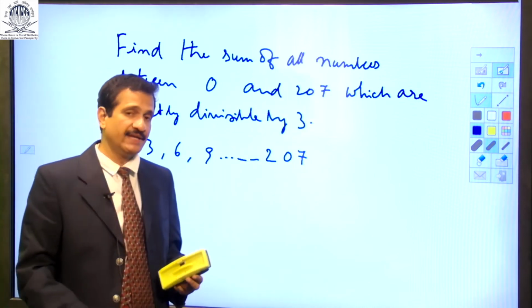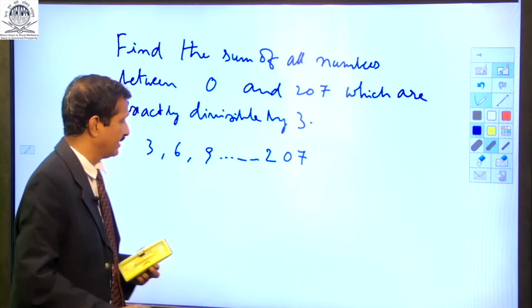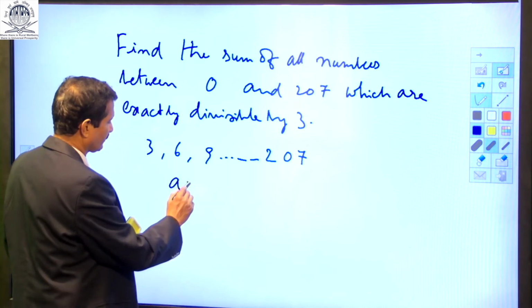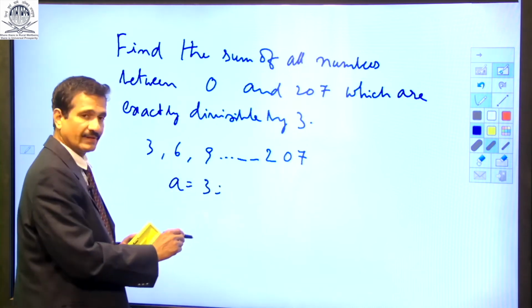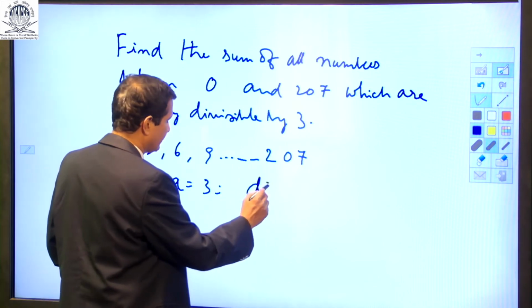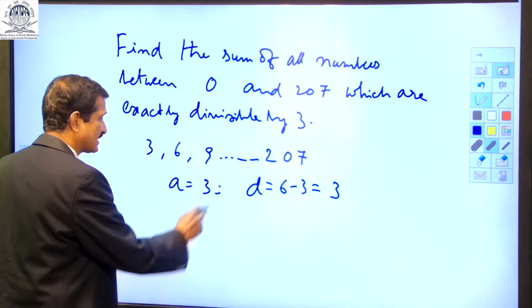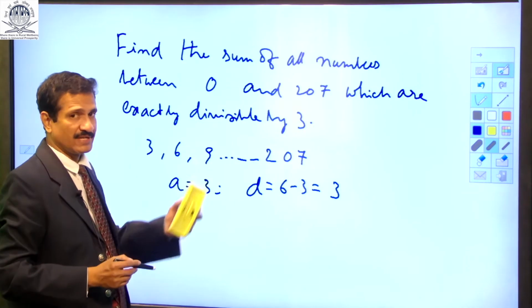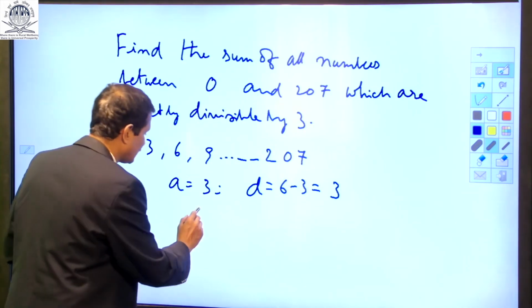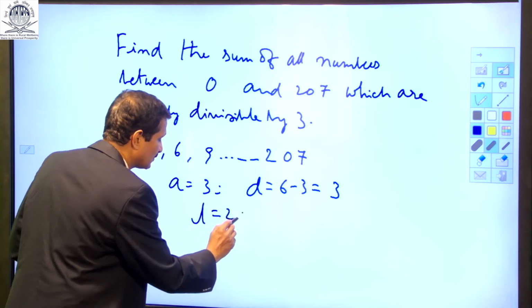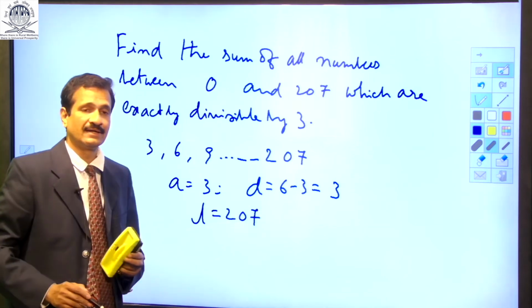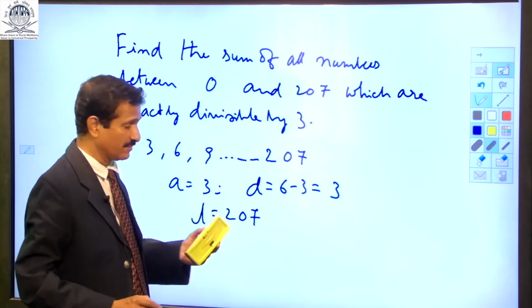So, the initial number A is equal to 3, your common difference D is equal to 6 minus 3, which is equal to 3. The last term is 207. So, L is equal to 207, or the nth term is 207.